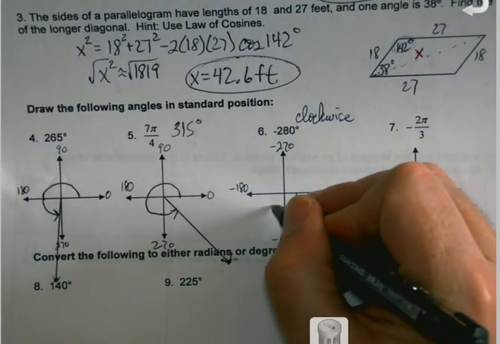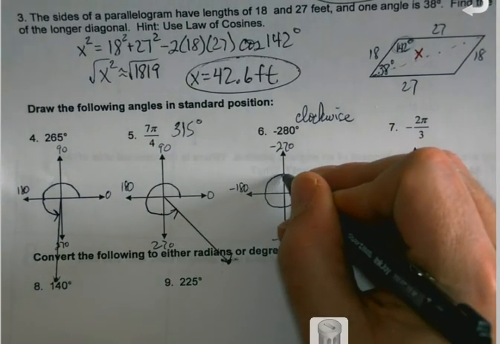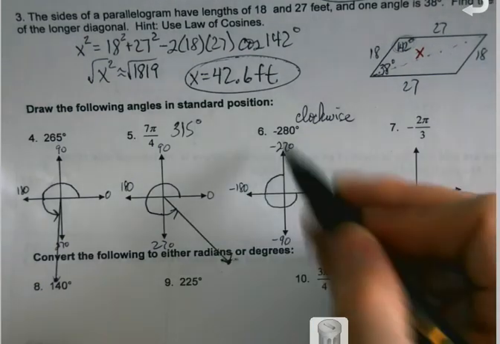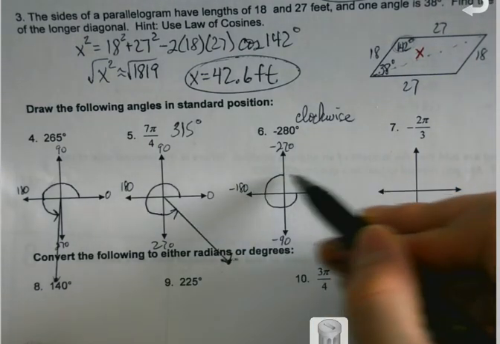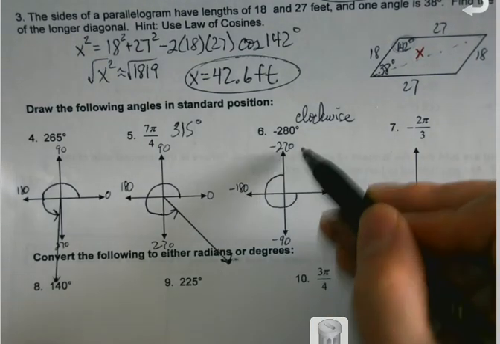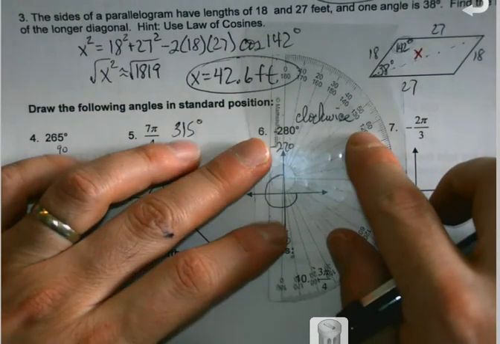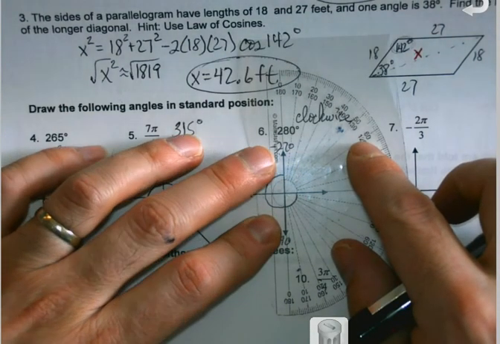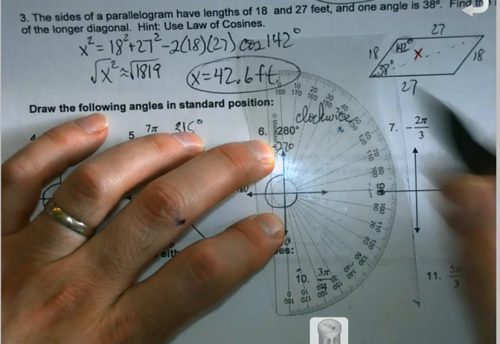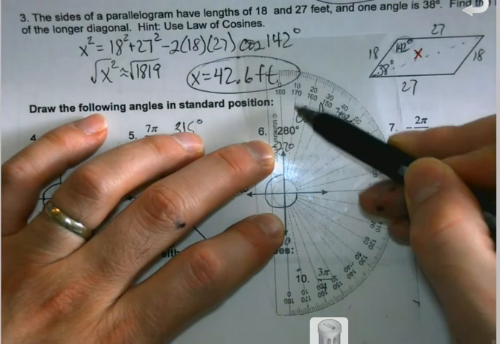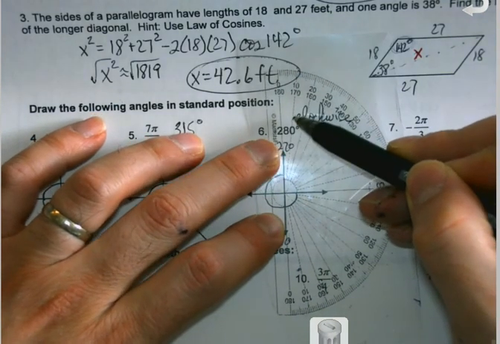You're like, okay, so negative 270, ended on the y-axis. My terminal side is going to be up here, though, to the right. So line up with the y-axis. Look for your 10 degrees, which is right here. Whoops, let's redo that.